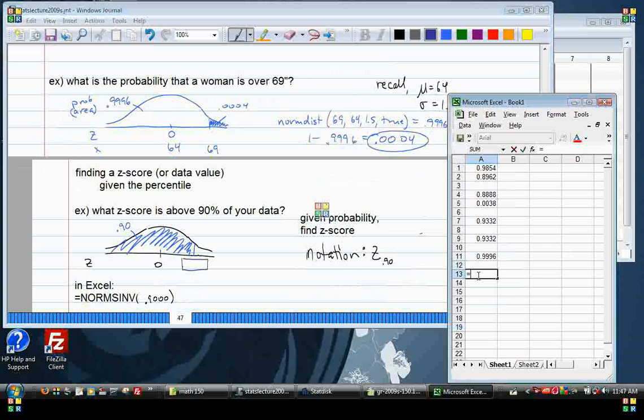It wants a probability. So what number do we punch in here? 0.9 or 0.90 or whatever you like. And it gives us that number, 1.2816. What kind of value is 1.2816? It's a z-score. That's it. And it's our answer.